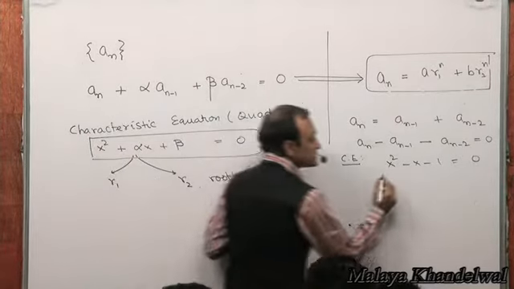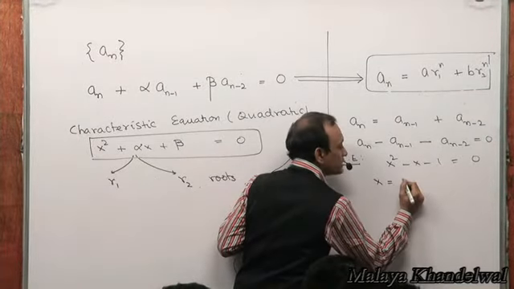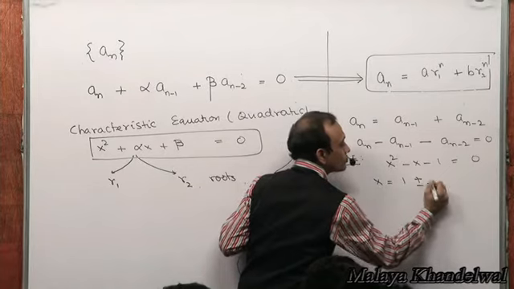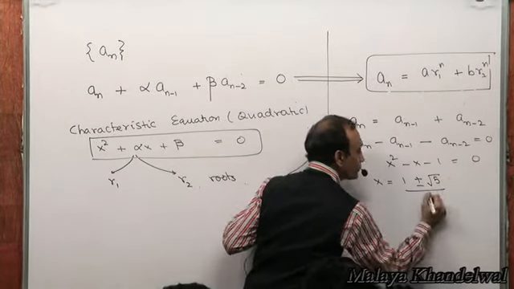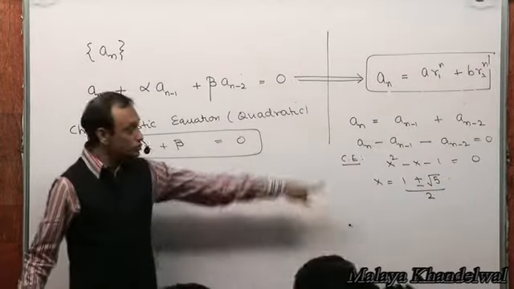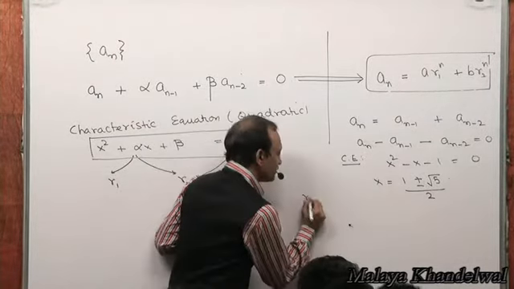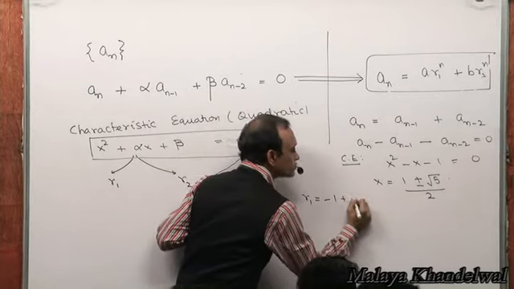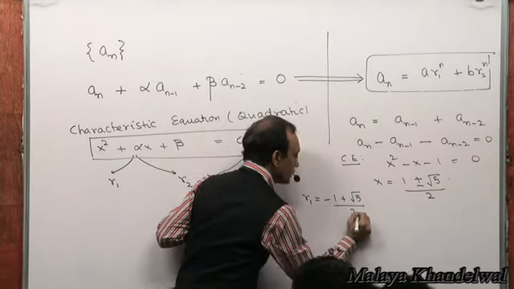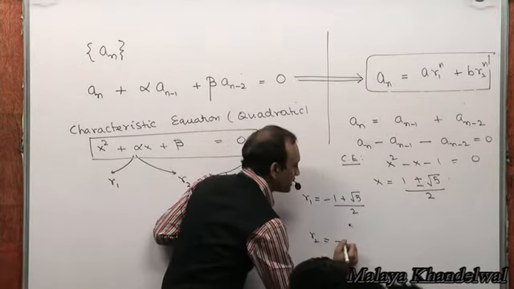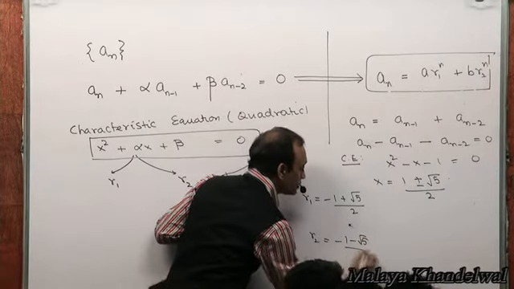The roots of this are going to be x equal to (1 plus minus root 5) by 2. So R1 is (1 plus root 5) by 2 and R2 would be (1 minus root 5) by 2, for example.